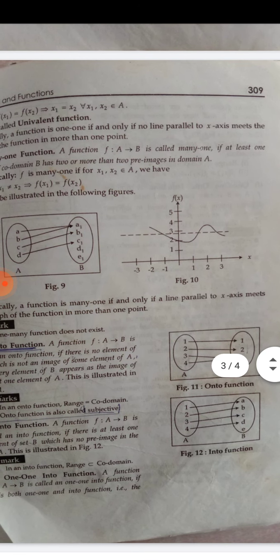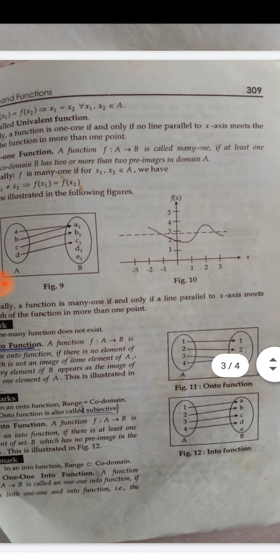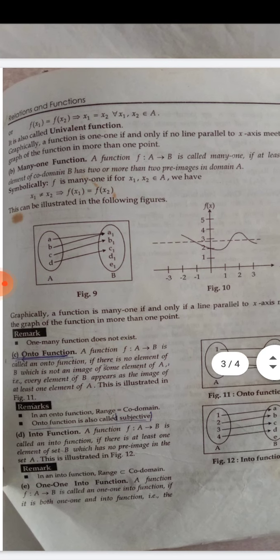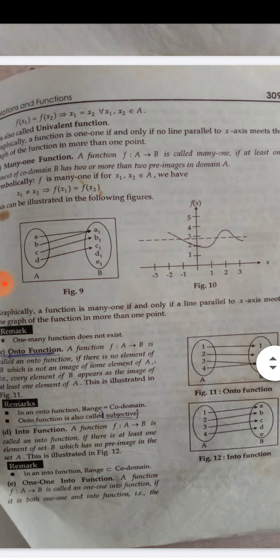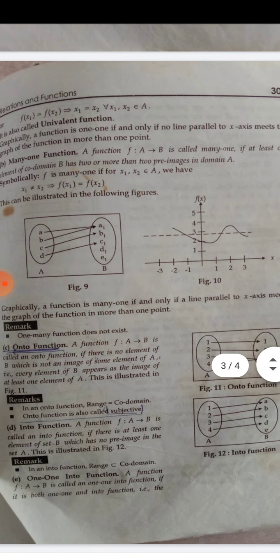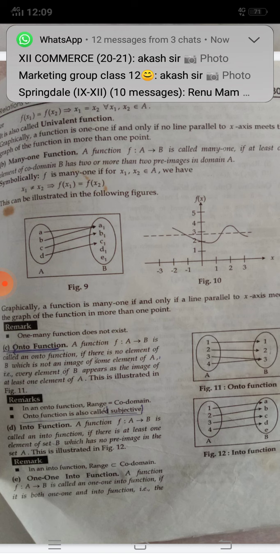You can also map 2, 3, it's your choice, but at least one element. If at least one element of codomain B has 2 or more than 2 pre-images in domain A, means show one element as many-one. Means many elements of set A are mapped with a single or one element of set B.